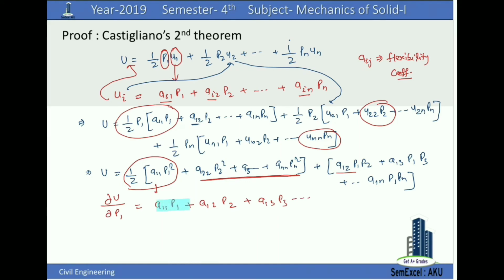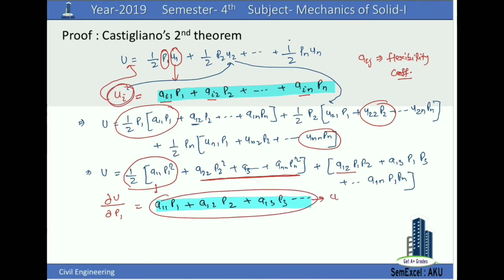So this term will be equal to this term, and this is equal to U1. So we will replace this as U1. So we'll have del U by del P1 is equal to U1.